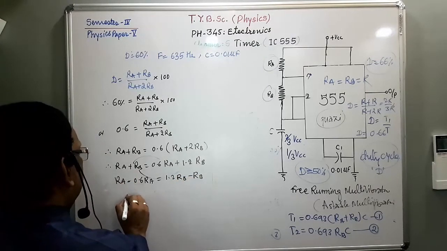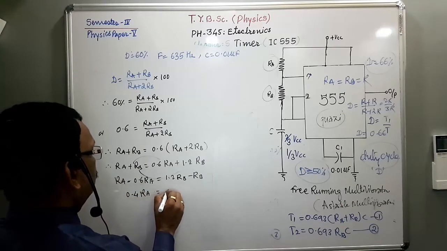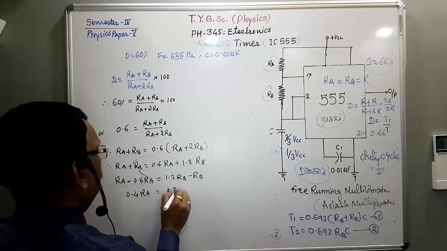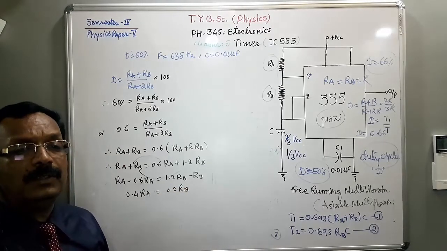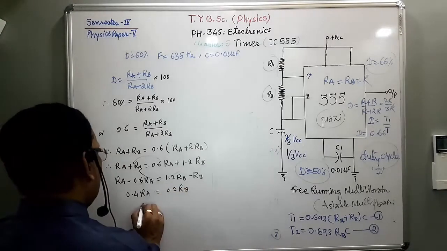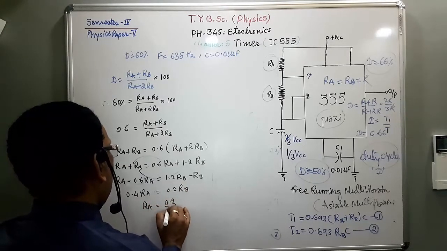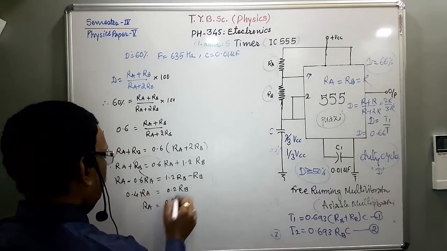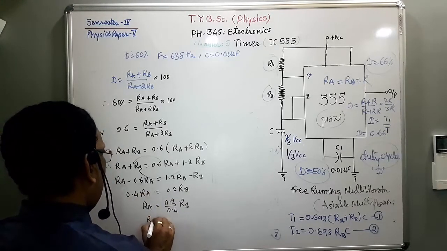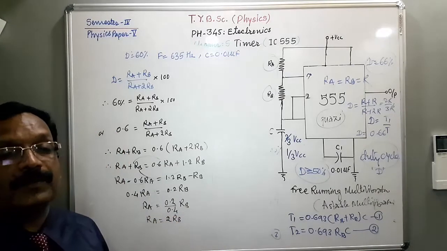Solve this: 0.4 RA is equal to 0.2 RB, or RA is equal to 0.2 upon 0.4 RB.